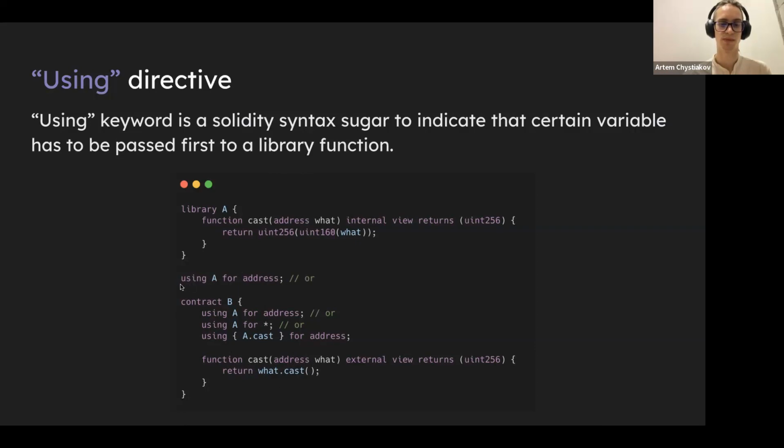But because I have used the using directive, actually we can use any example of those 4, and this will work. Now, basically, it will forward this variable, the variable what, to the function cast, which is declared in the library A.